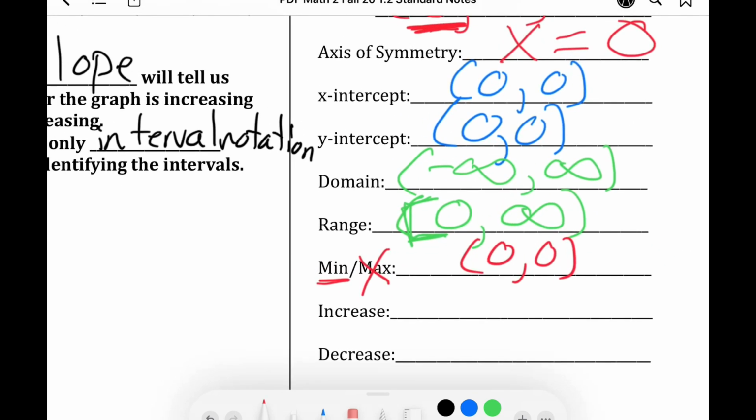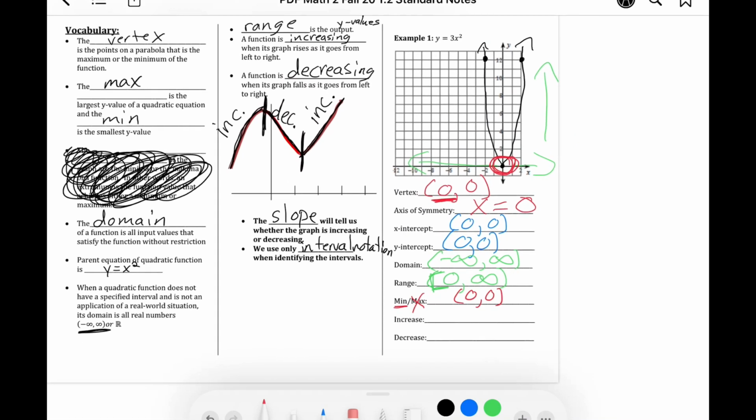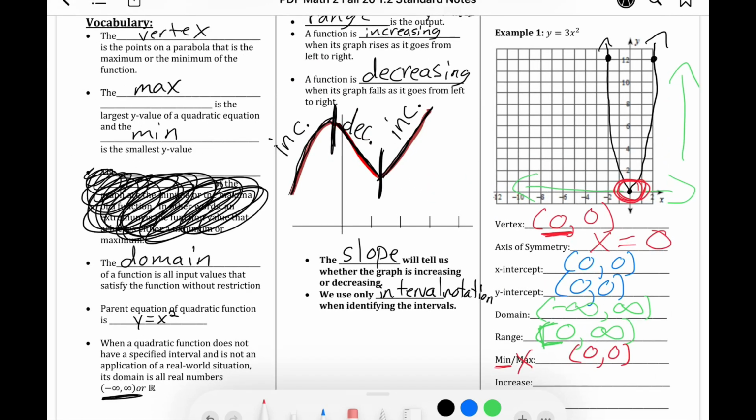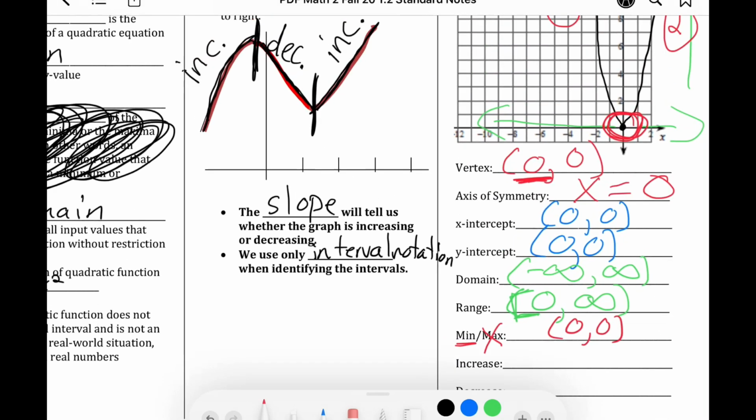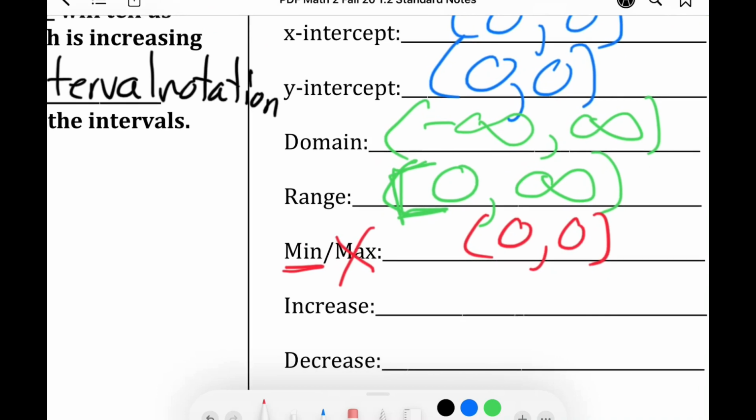So when are we increasing? What is our interval for our increase in our graph? So is it option 1 on this side of the graph or option 2 on this side of the graph? Option 2, it's on the right side of our graph. So we're going to start at our 0, and we're going to go to the right forever and ever.